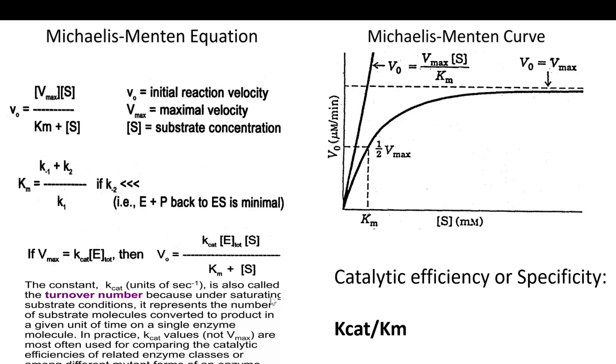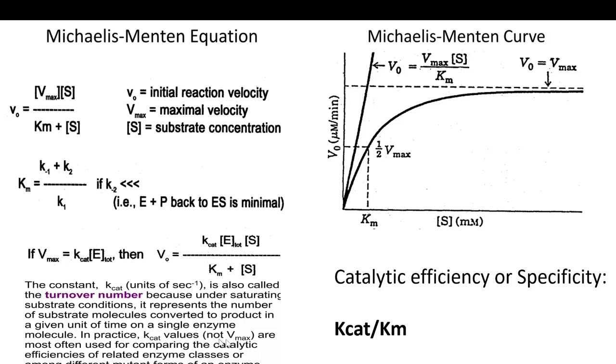So how many substrate molecules are converted to product per unit time by a single enzyme molecule under saturating conditions is given by the turnover number.